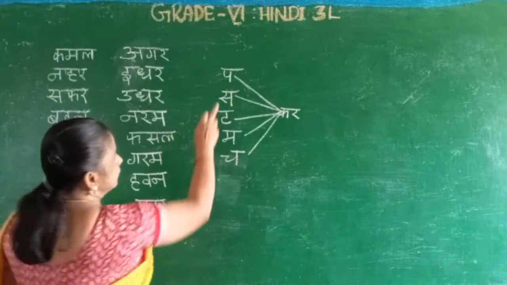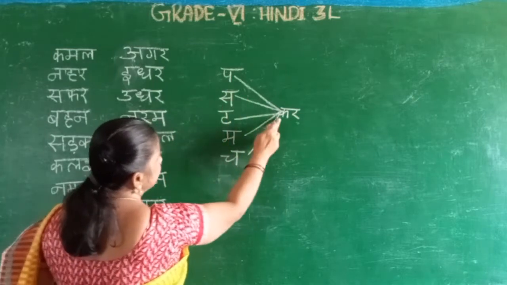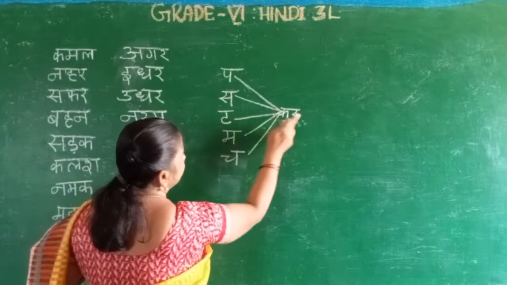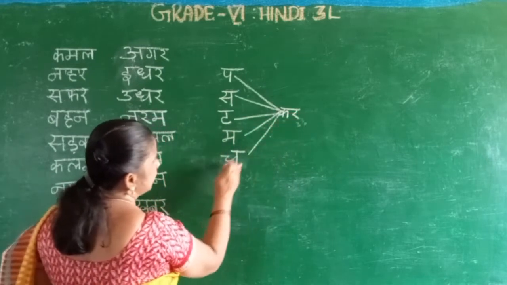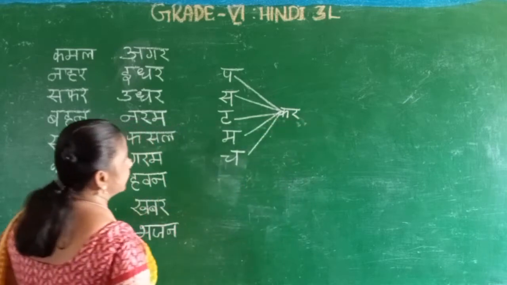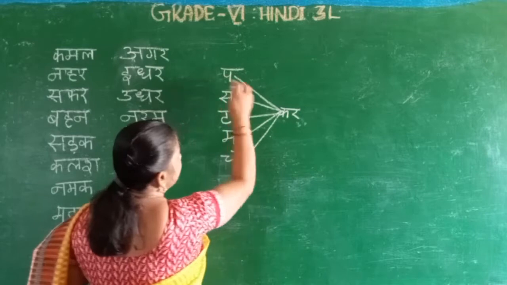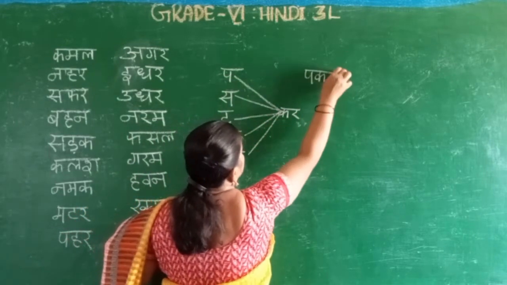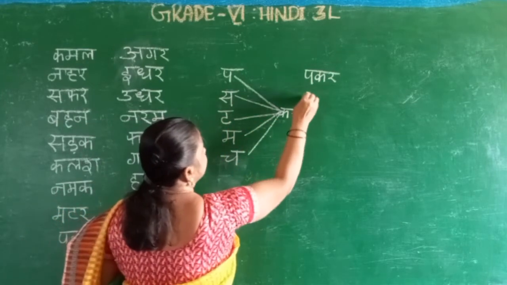See: pa, ka, ra, pakar. Sa, ka, ra, sakar. Ta, ka, ra, takar. Ma, ka, ra, makar. Cha, ka, ra, chakar. Do you understand? See how to write pa, ka, ra, pakar, and next, sa, ka, ra, sakar.